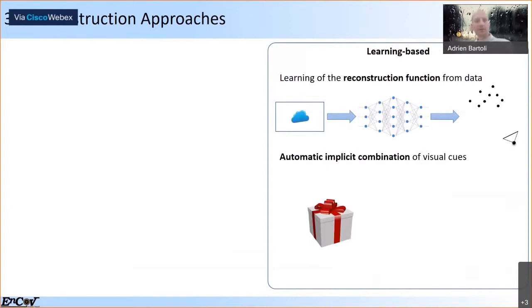By doing this, we sort of avoid the explicit analysis of the images and of what we call the visual cues that they contain. These visual cues are cues from the images that tell us something about the 3D content observed in the images. So with this approach, everything is contained implicitly in the weights of the network.